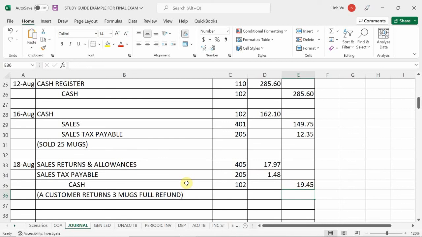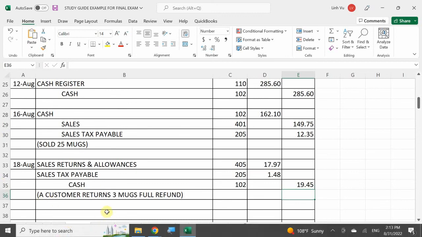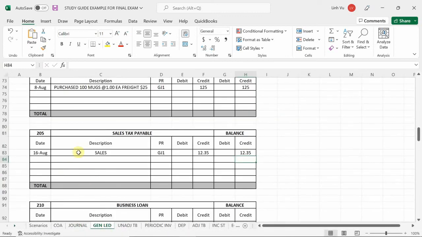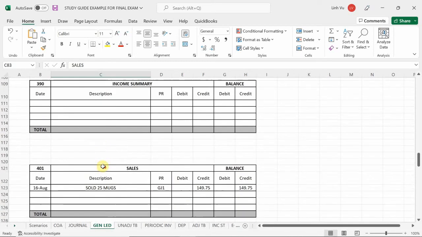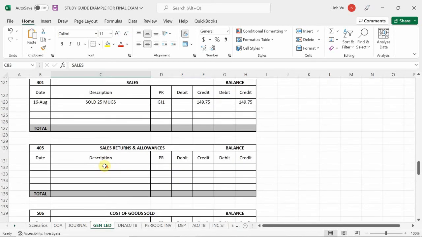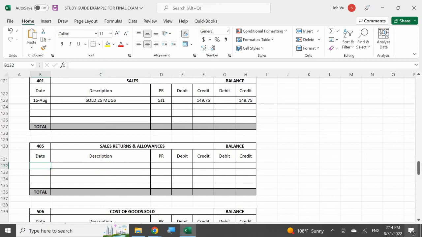So in this case, $17.97 and $1.48. So I'm going to go to my ledger, and I have to go through all the accounts, starting with my sales returns and allowances on the 18th.